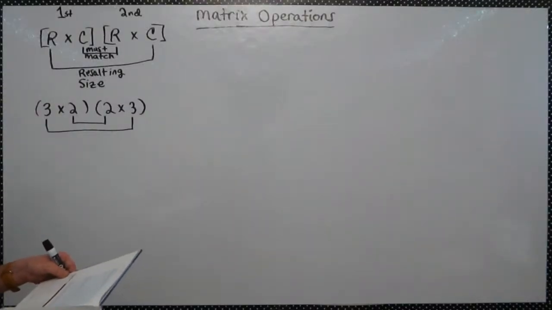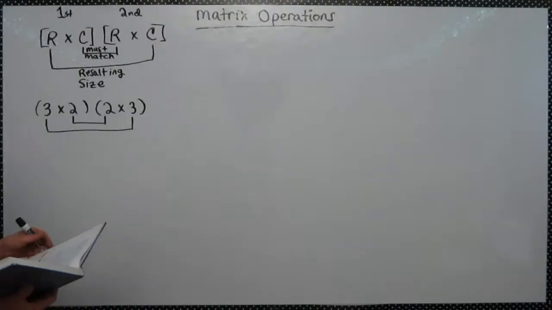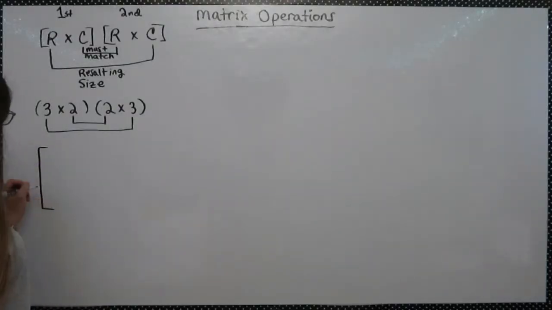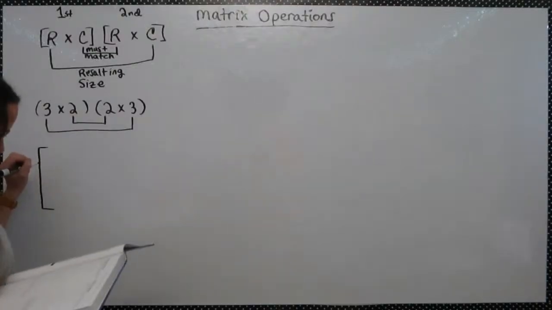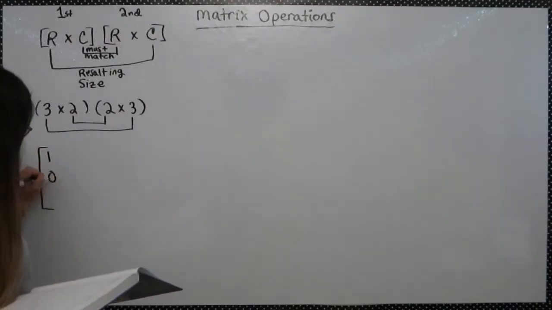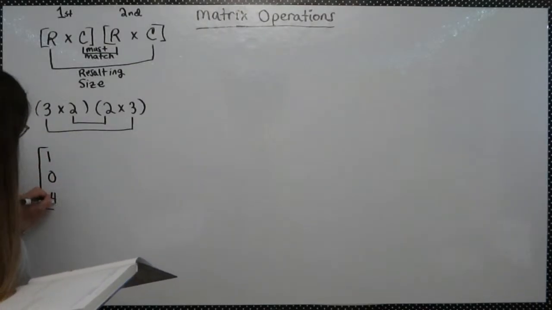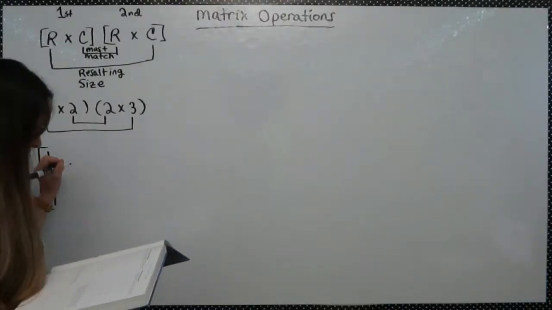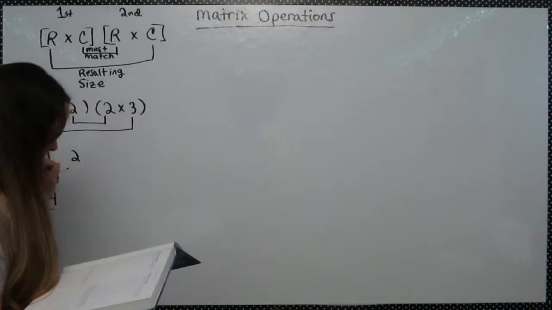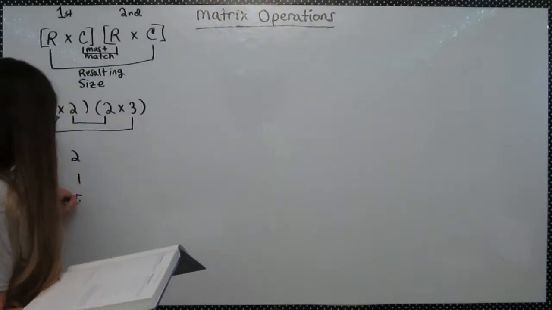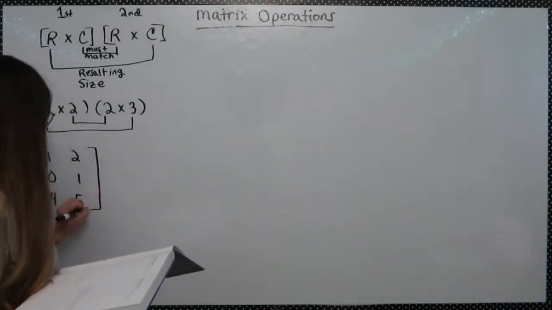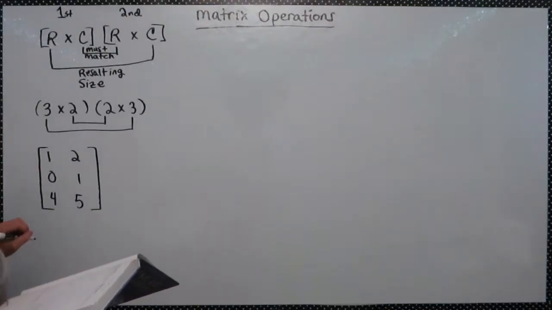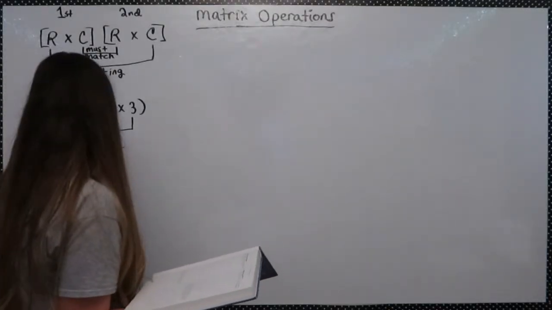An example. So I need a 3 by 2, which is 3 rows. So we'll do 1, 0. I'm just trying to use my book to make up an example. And it's 2 columns, so it's going to be 2, 1, 5. And we're going to multiply that by a 2 row.